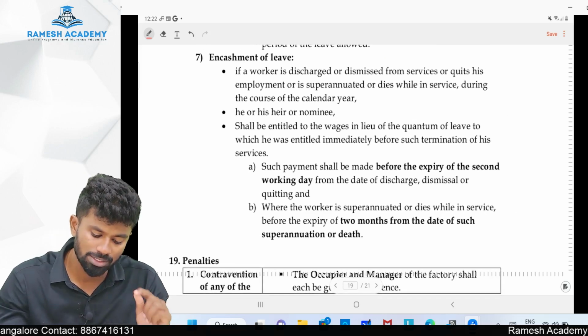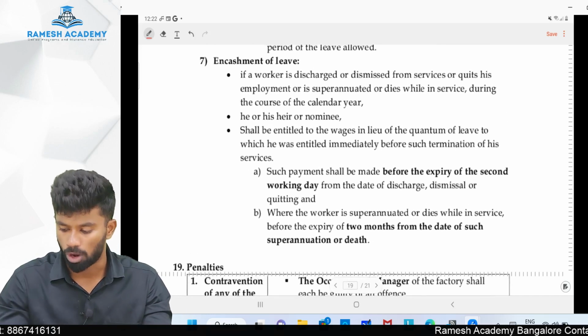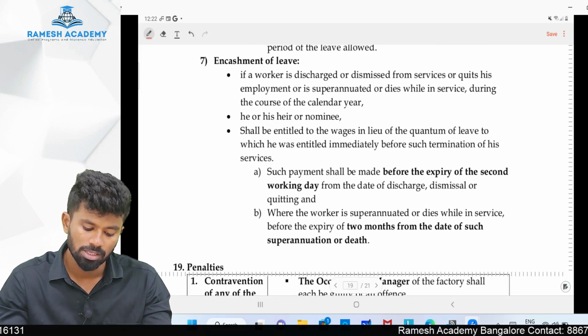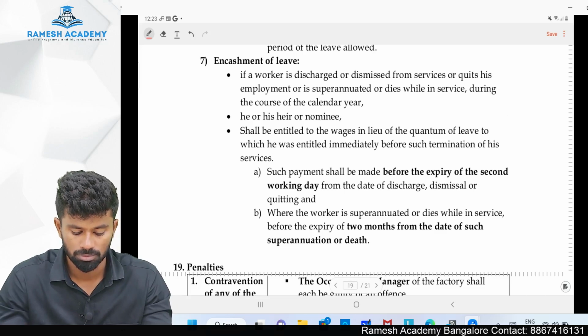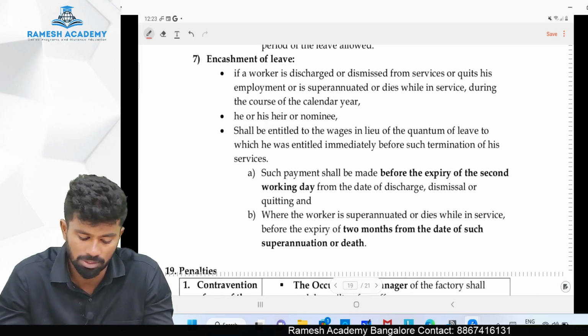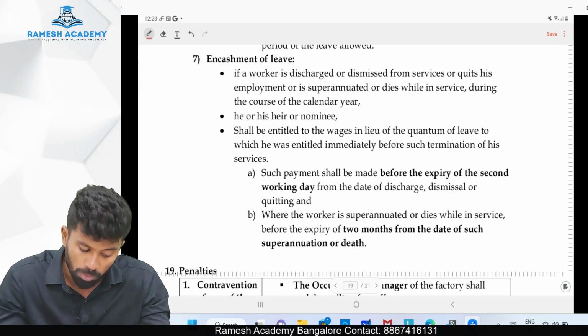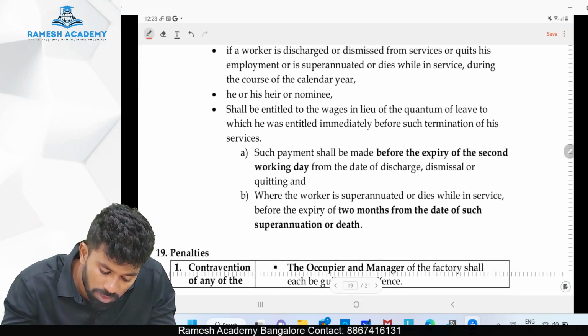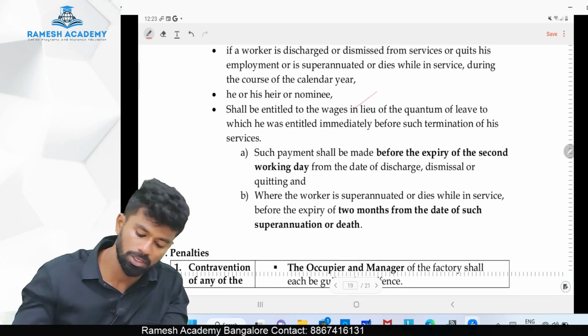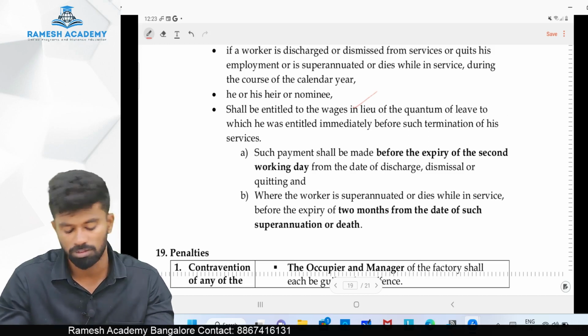If a worker is discharged or dismissed from the service or quits his employment or is superannuated, superannuated means he achieved that age, or dies while in his service during the course of the calendar year, he or his legal heirs or nominee shall be entitled to the wages in lieu of quantum of leave to which he is entitled immediately before such termination of his services.